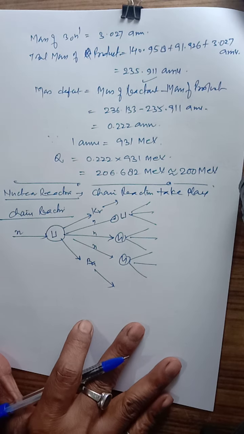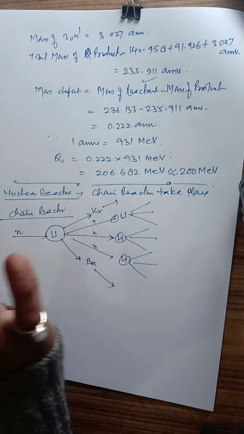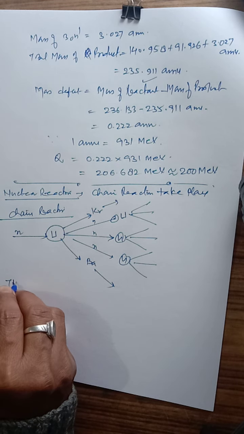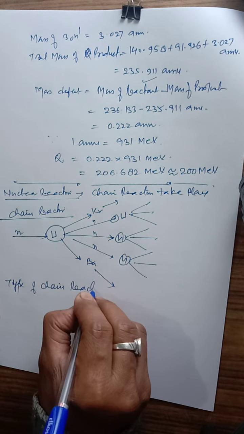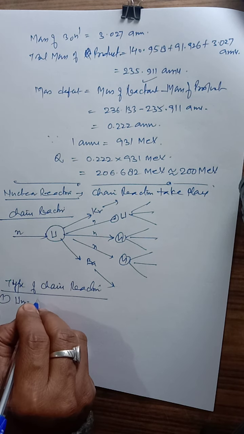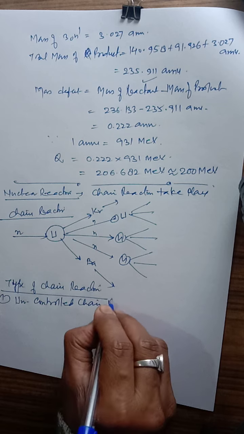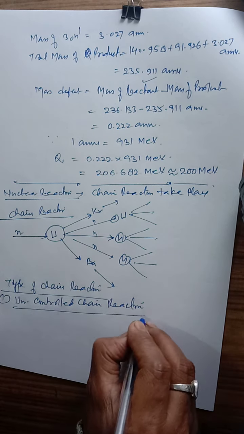You can say it is a chain reaction of 2 types. The first is the uncontrolled chain reaction. What does it mean?